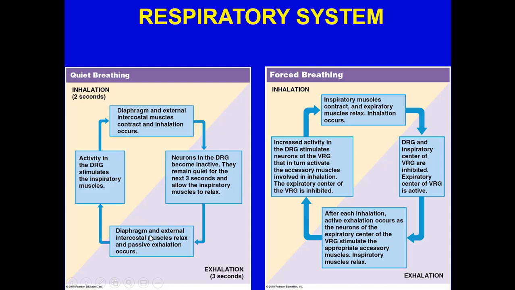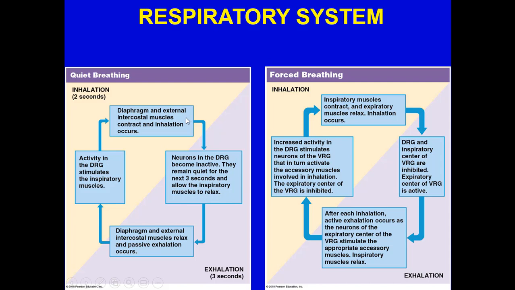Okay, so the diaphragm and external muscles relax and passive exhalation occurs. The activity of the DRG stimulates the inspiratory muscles, so the diaphragm and external intercostals contract and inhalation occurs. Neurons of the DRG become inactive. They remain quiet for the next 3 seconds, allowing the inspiratory muscles to relax.